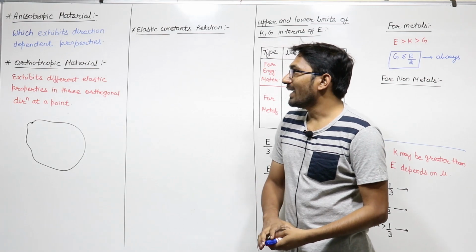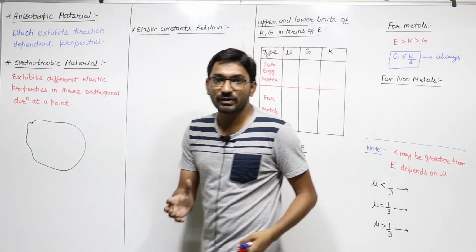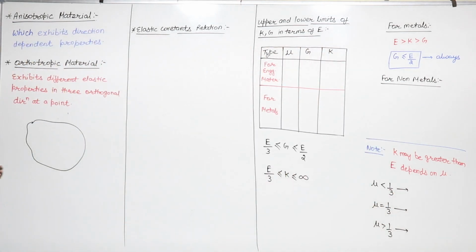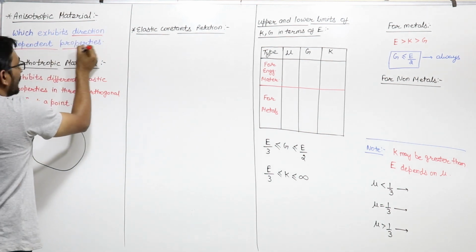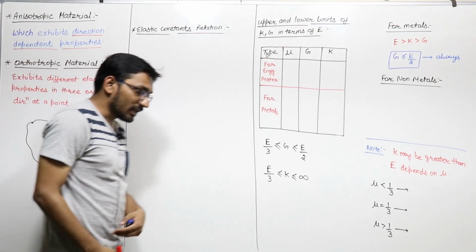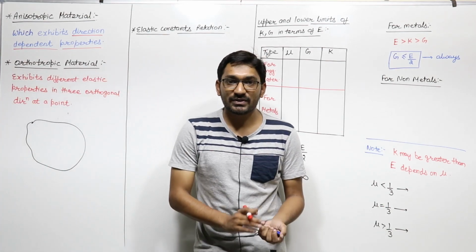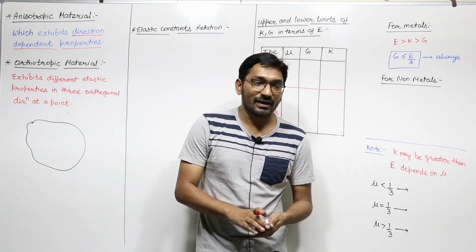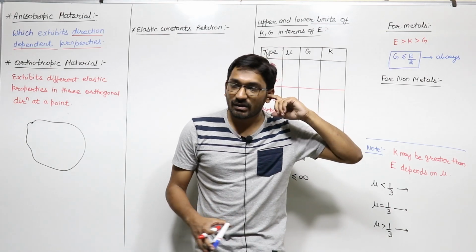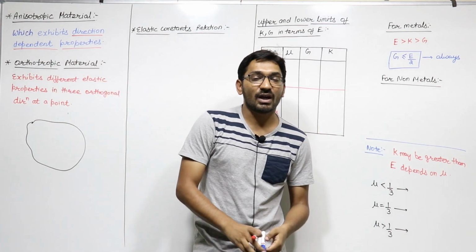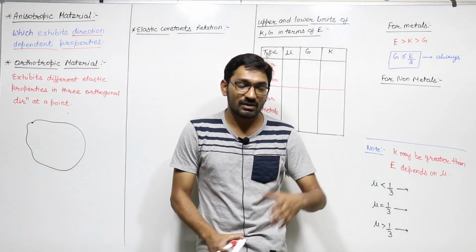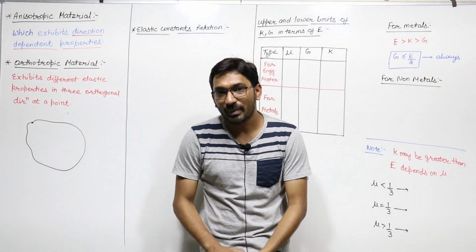Right. Let us see what is the meaning of an anisotropic material. A material is said to be an anisotropic material if it exhibits direction dependent properties, right? If the properties or elastic constants are depending upon the direction, that is in all the directions the elastic constants are different, then the material is said to be the anisotropic material, which is the reverse case of isotropic.